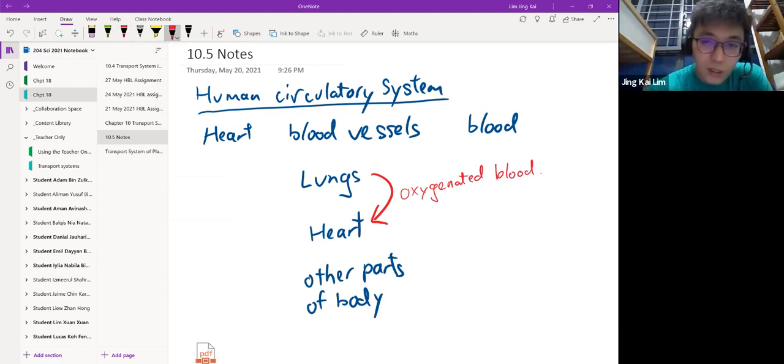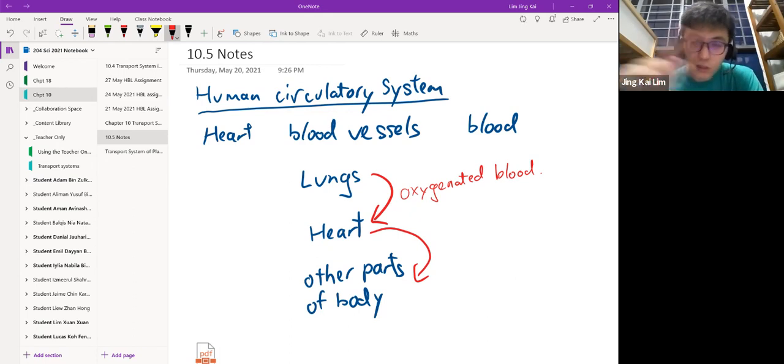This oxygenated blood is then pumped to the other parts of the body through the heart, so it is circulating through the system already.